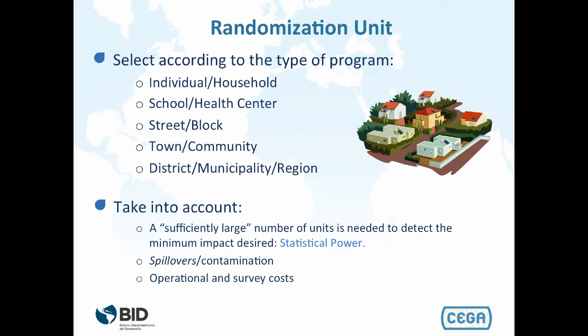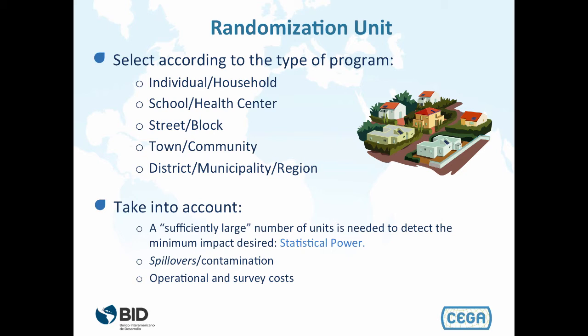A way to deal with spillover contamination is to increase the geographic aggregation from the household to the block or the community, so that there's enough separation between treatment and control groups. And so that's a reason why we might group individuals into streets or blocks, or group them into towns and communities, and randomly assign the blocks or the towns into treatment and control units.